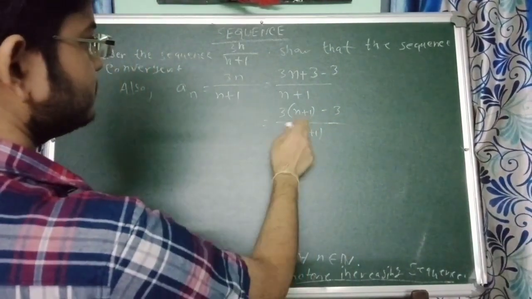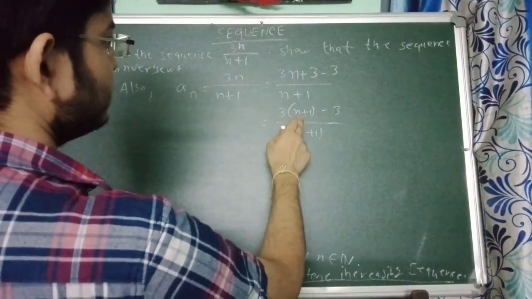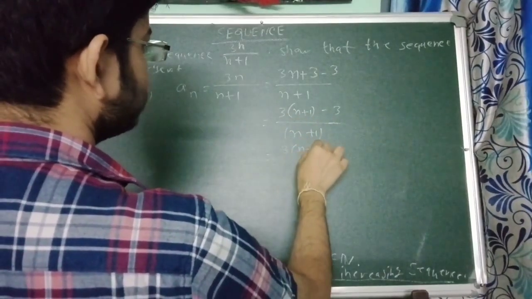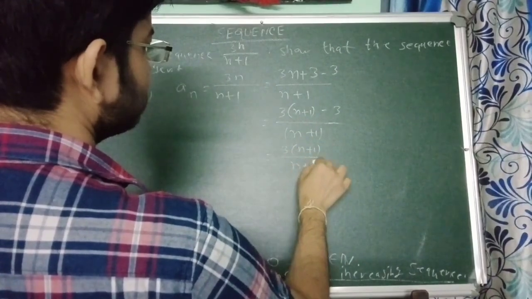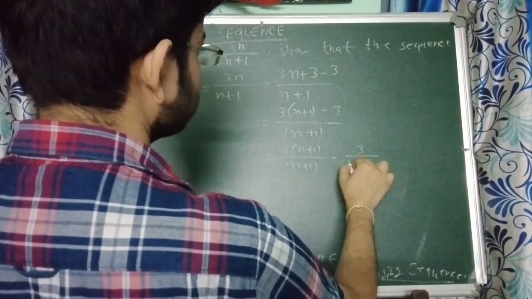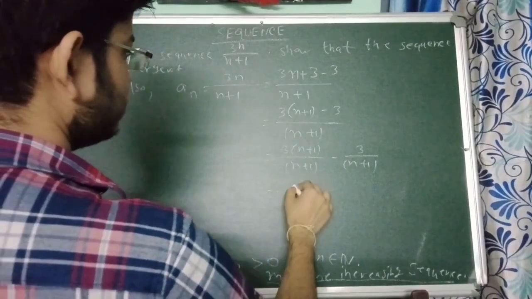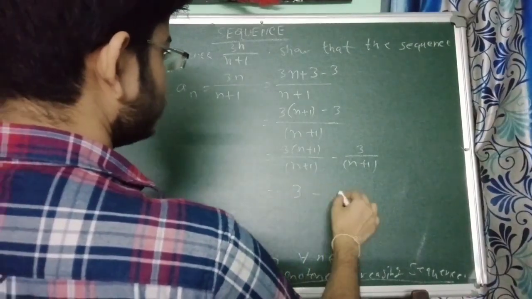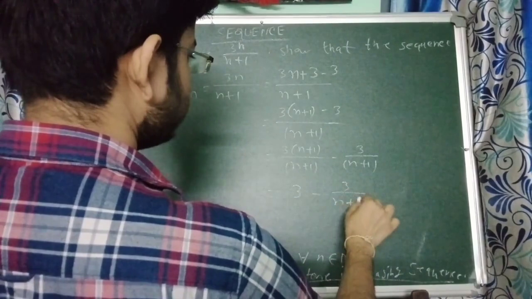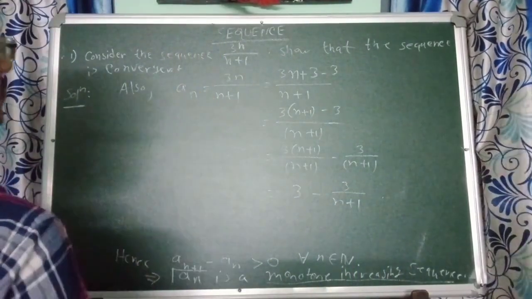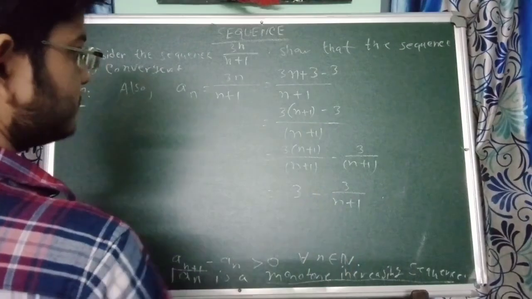Then dividing by n plus 1 and cancelling n plus 1, we get 3 minus 3 divided by n plus 1. So a_n can also be written in this format.